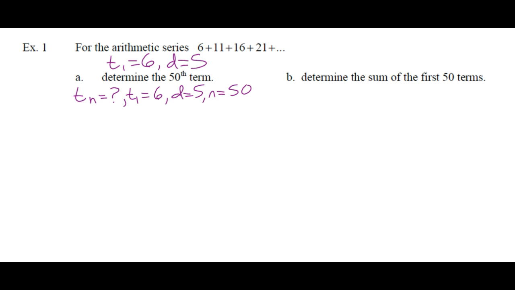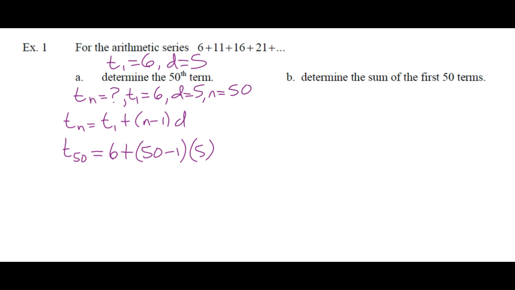I'm going to write down the formula, pull that off my formula sheet. t sub n is t sub 1 plus n minus 1 times d. So t sub 50 is 6 plus 50 minus 1 times 5. That's just direct substitution. Remember the secret to math that was handed out earlier: formula, substitution, answer.